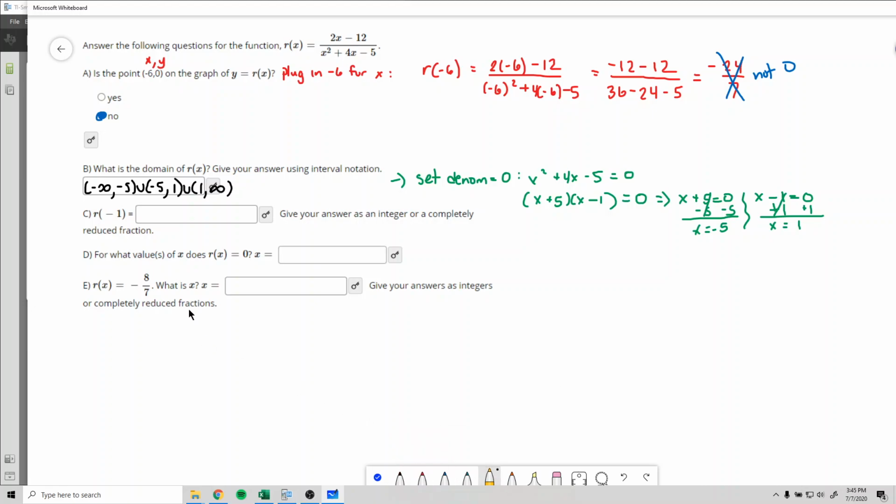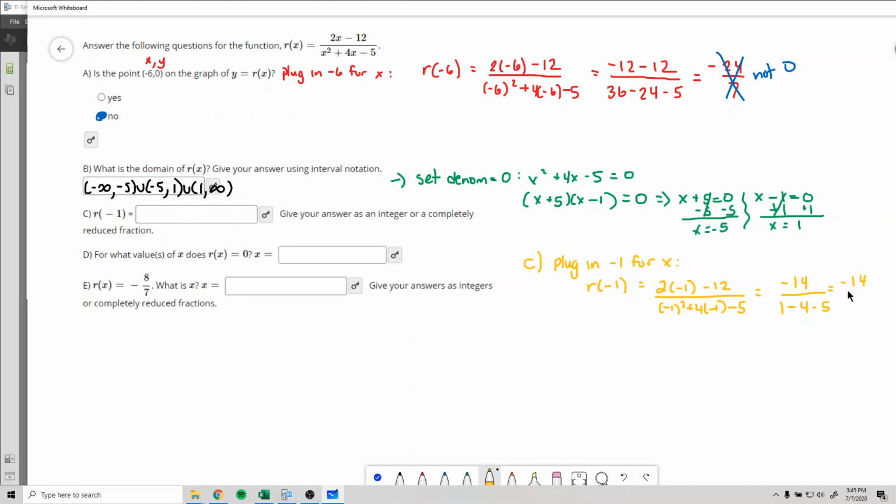Now the third part, r of negative 1, just telling us to plug in negative 1 for x. So I'm going to label it over here as part C. We've got r of negative 1 equals 2 times negative 1 minus 12 over negative 1 squared plus 4 times negative 1 minus 5. 2 times negative 1 is negative 2, minus 12 is negative 14. 1 squared is 1, plus 4 times negative 1 is negative 4, minus 5.